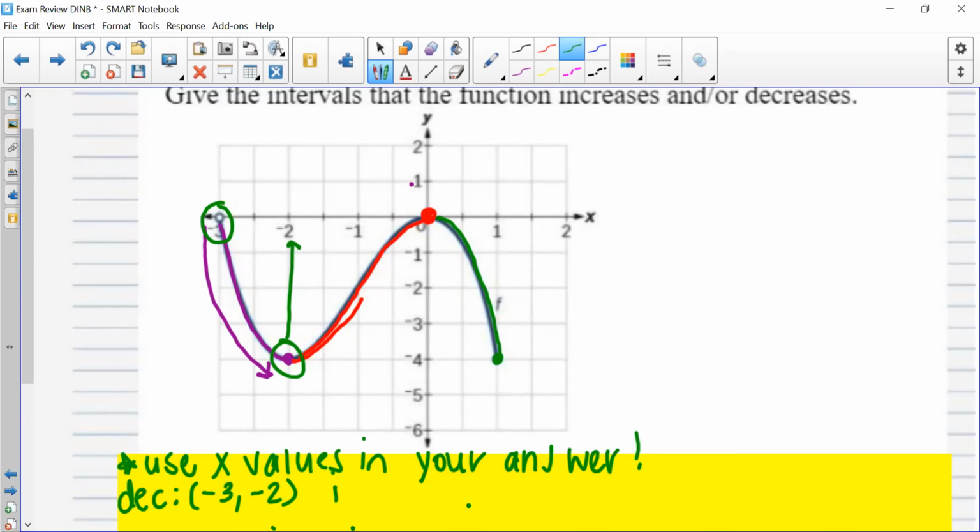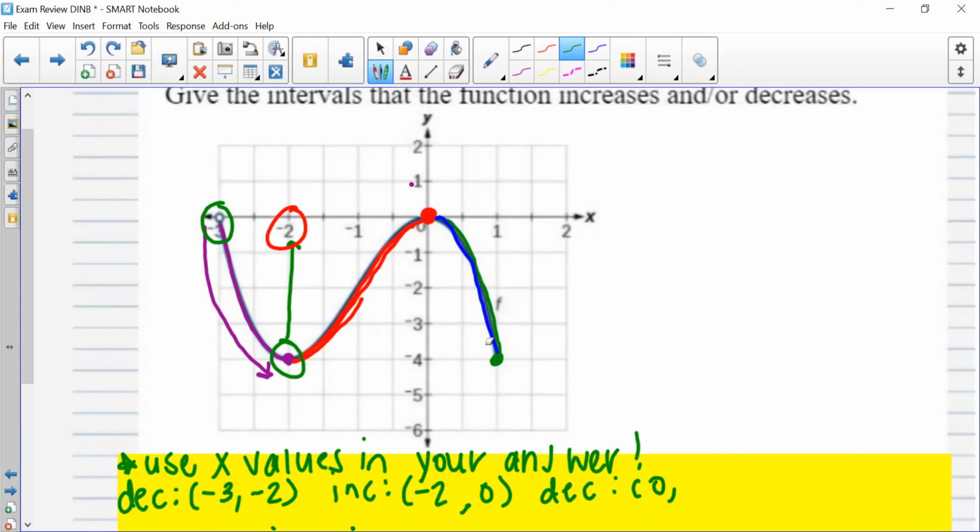At -2, the graph started to increase. And it increased from -2 until X was 0. So -2 to 0. And then it decreased again. This section's decreasing. So it's going to decrease from 0 until X values.